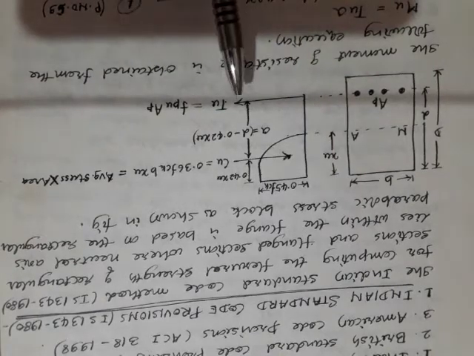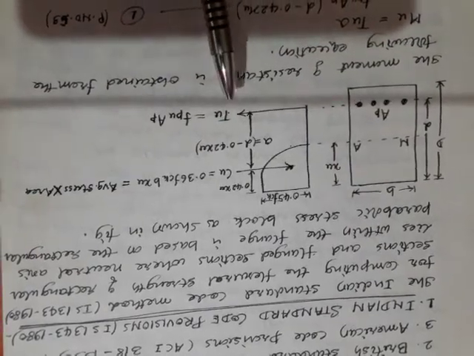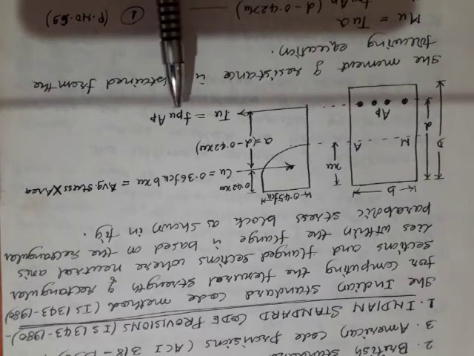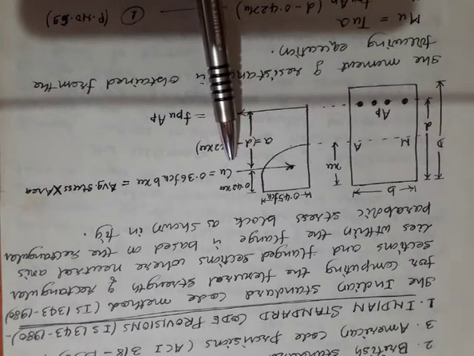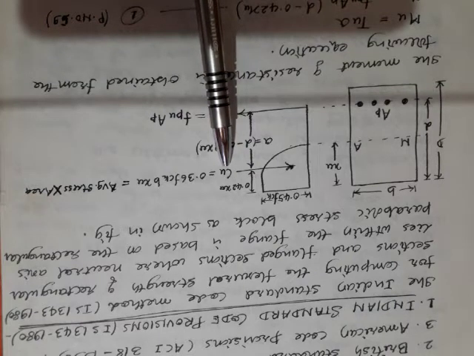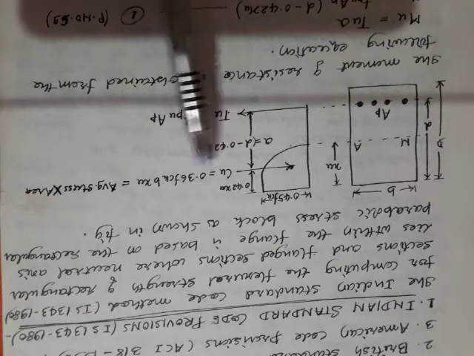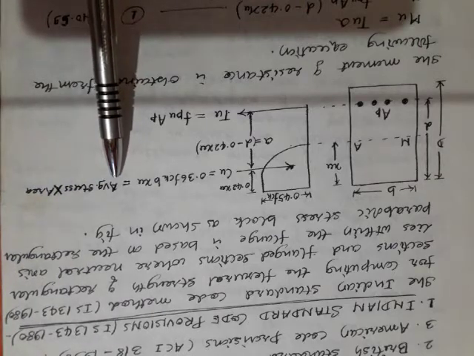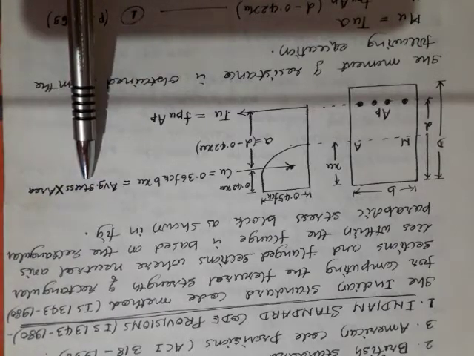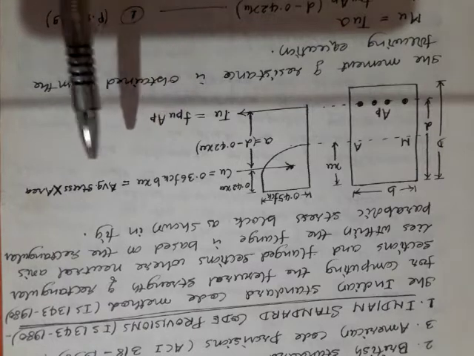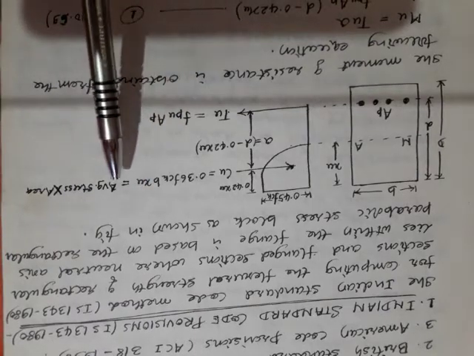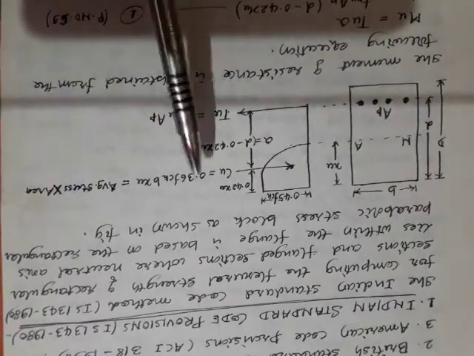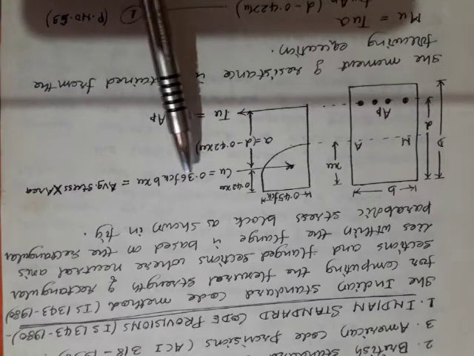Now, just like how we have found this TU, which is stress into area, similarly we'll try to find out CU also. CU is again stress into area. Stress means I have to take the average stress. If you just recall your RCC, average stress can be taken as 0.36 FCK.